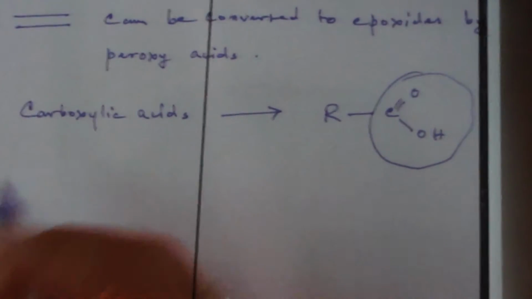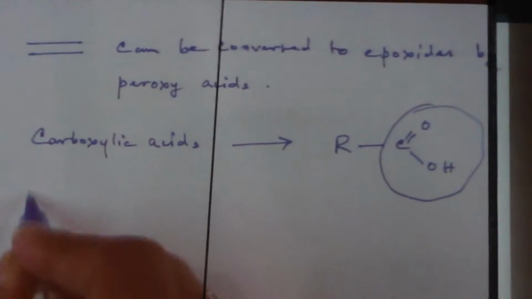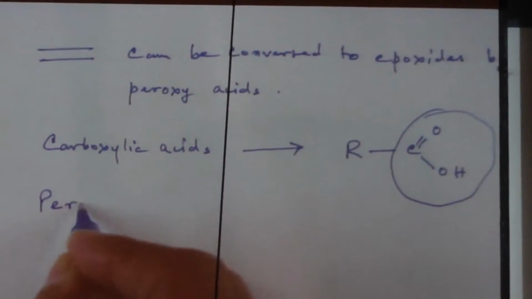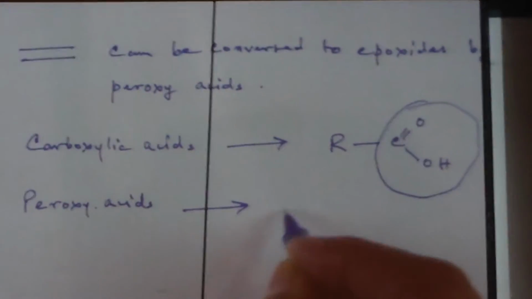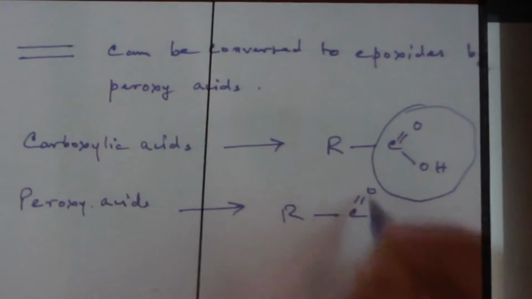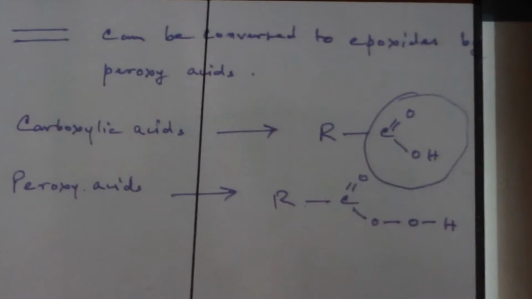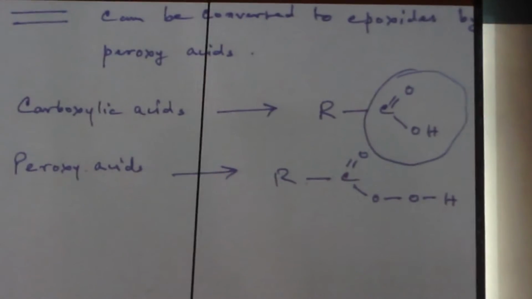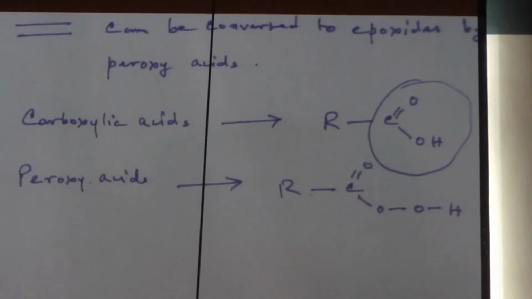Now, the peroxyacids are relatively unstable, but they have an extra oxygen. So peroxyacids typically have R joined with COOH, and an extra oxygen. And that oxygen is really very easy to transfer to a carbon-carbon double bond.